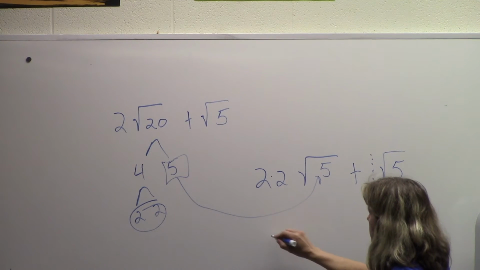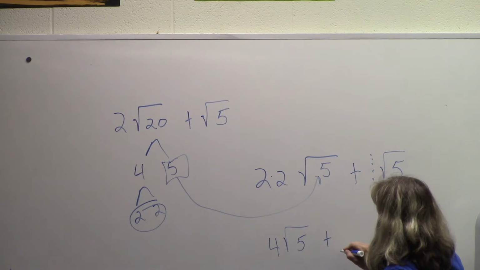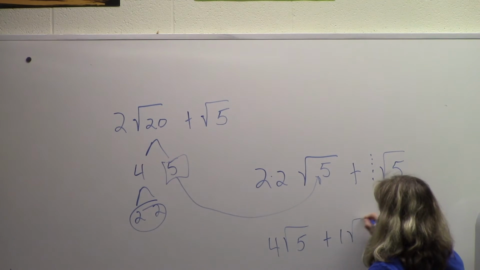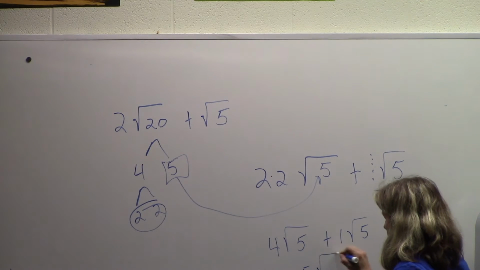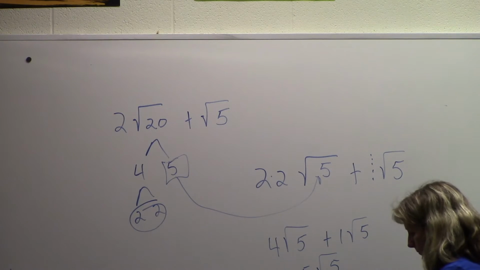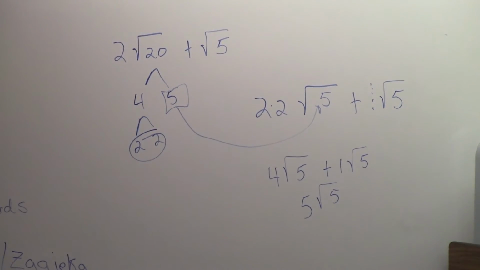So 2 times 2 is 4 radical 5 plus 1 radical 5. 4 plus 1 is 5 radical 5. Let's see if I match. Okay, any questions about that one? No. Okay.